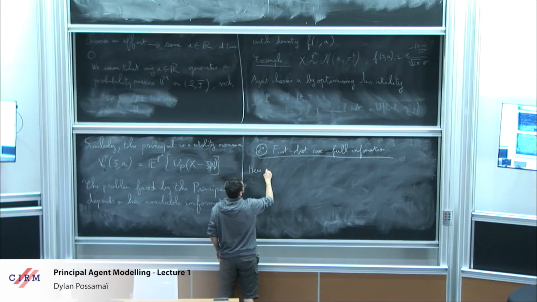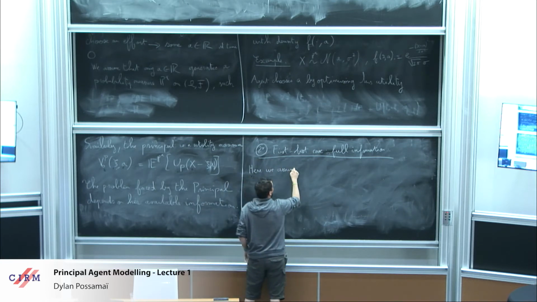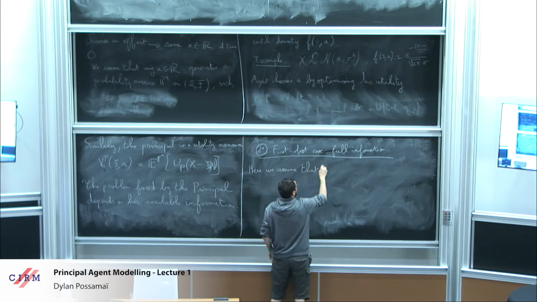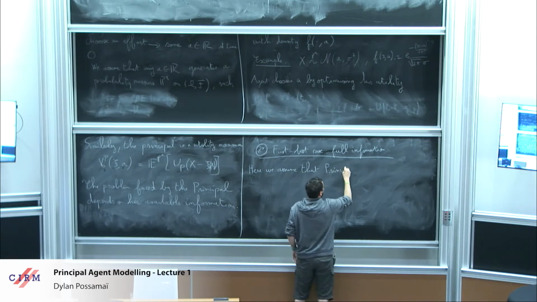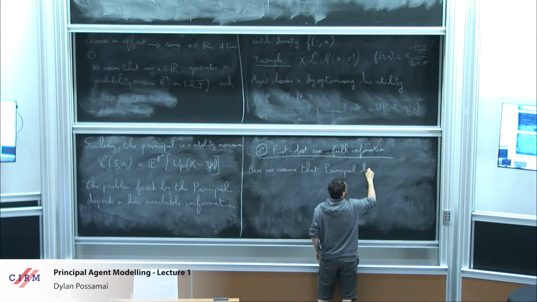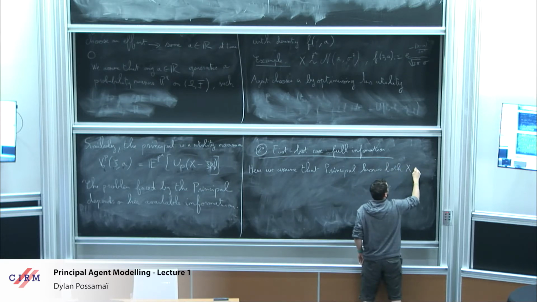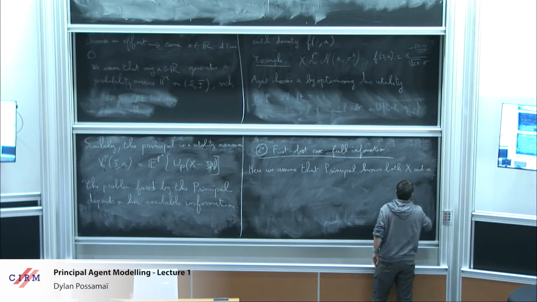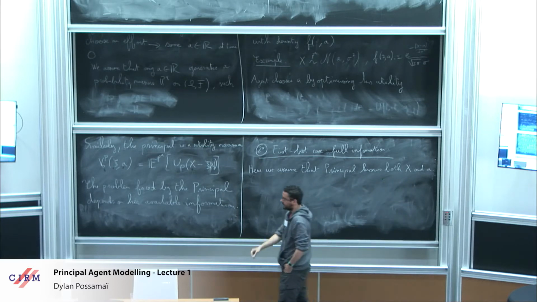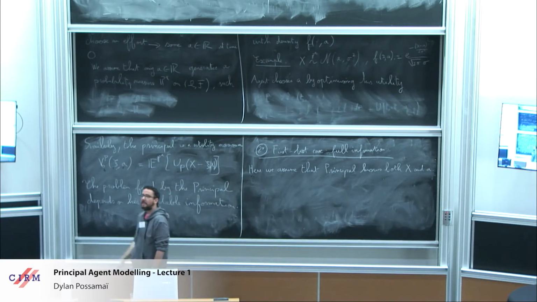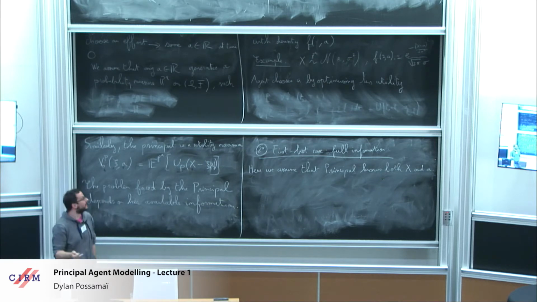So here we assume the principal knows both X and A. So in this case, there is nothing in principle that prevents the principal from using the value of A in the contract.